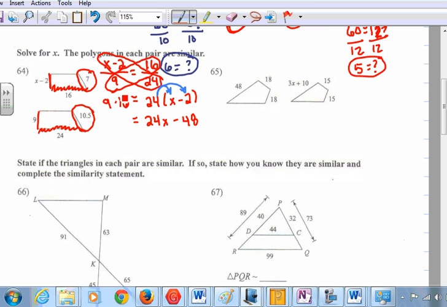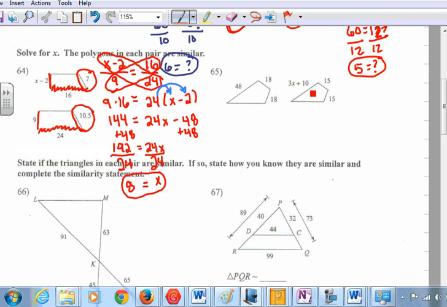What is 9 times 16? 144. What do I have to do next? I have to add 48. So 24x equals 192. Now I divide both sides of the equation by 24. So x equals 8. Very good. x equals 8.